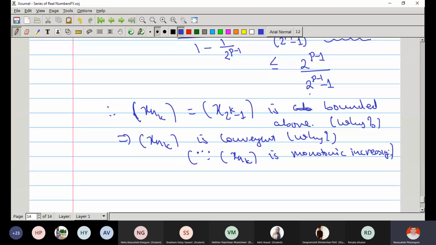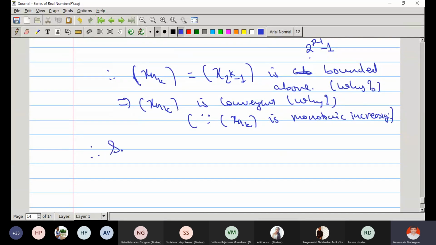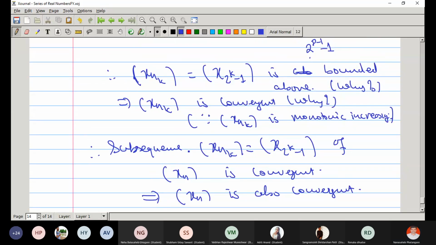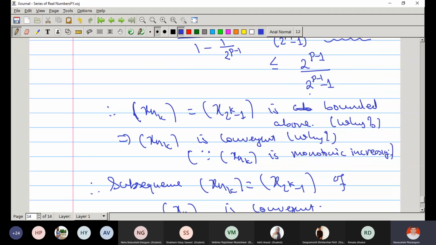Therefore the subsequence x_nk, that is x_(2^k − 1), of the sequence x_n is convergent. And therefore we can declare that x_n is also convergent. Okay, is it clear now? Sequence x_n is convergent.